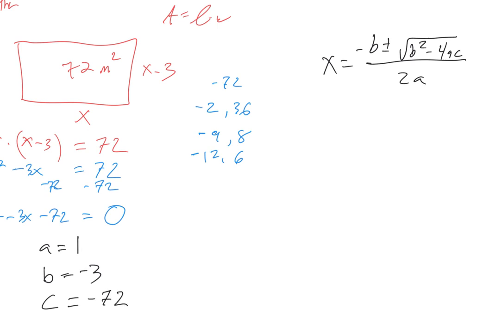And then I go to my equation, and I plug them in. x equals, I take the b term, which is negative 3, and I make it negative, so it's now positive 3, plus or minus the square root of b squared.